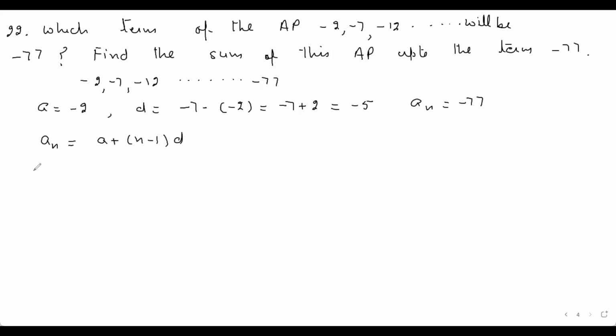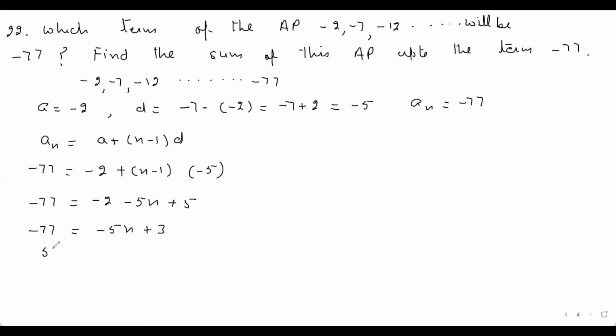an is given minus 77, a is minus 2, plus n minus 1, d is minus 5. Minus 77 is minus 2 minus 5n plus 5. Minus 77 is equal to minus 5n plus 3.